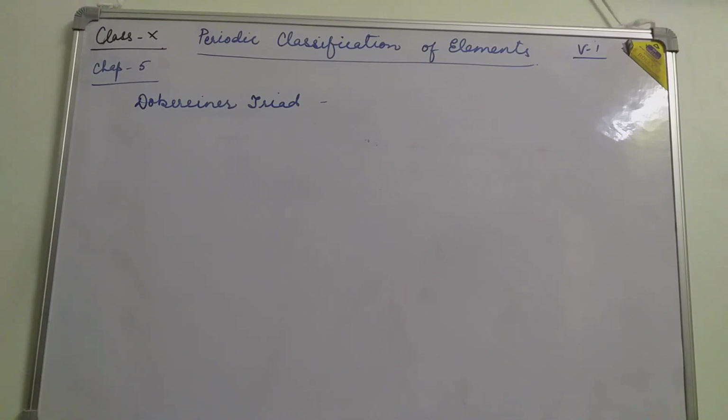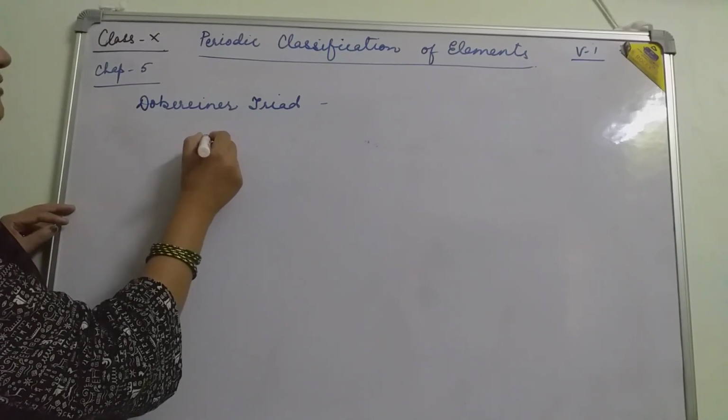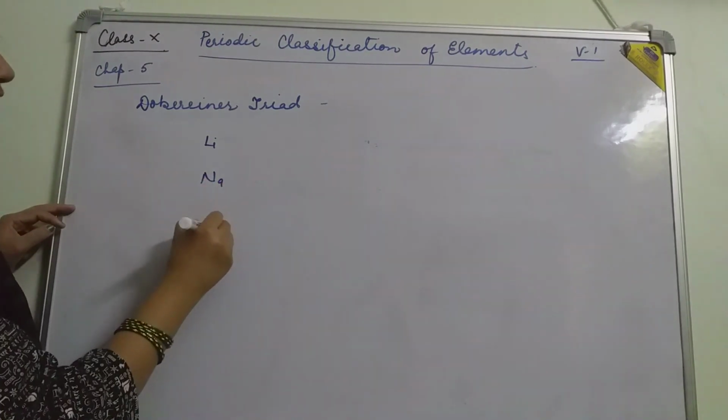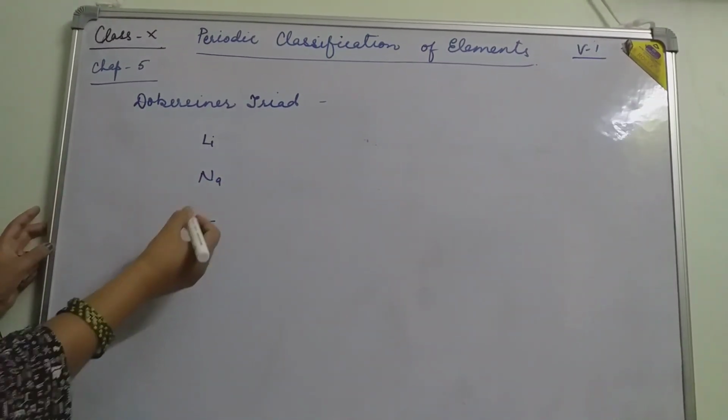So let's start with the Dobereiner triad. He was the German scientist who made triads, 3 elements in a group, having similar properties, in increasing order of atomic masses. For example, lithium, sodium, potassium: he arranged these 3 because they have similar properties.